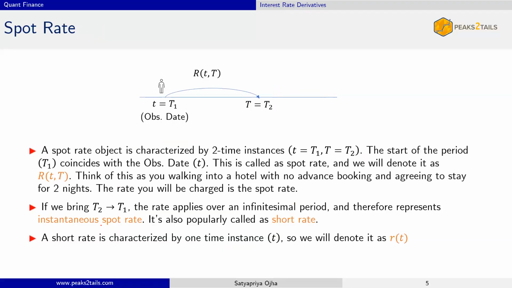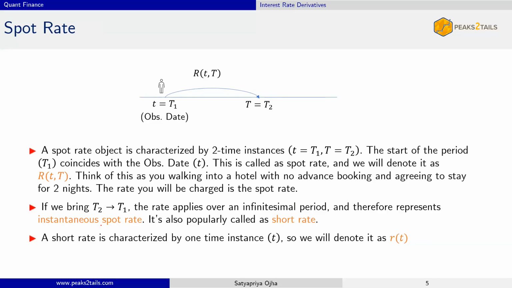Okay, next, coming to the spot rate. We talked about the forward rate, now we're going to talk about the spot rate. Spot means right away. When we say on the spot, what does that mean? Right away. There is no waiting time, nothing is happening in advance.